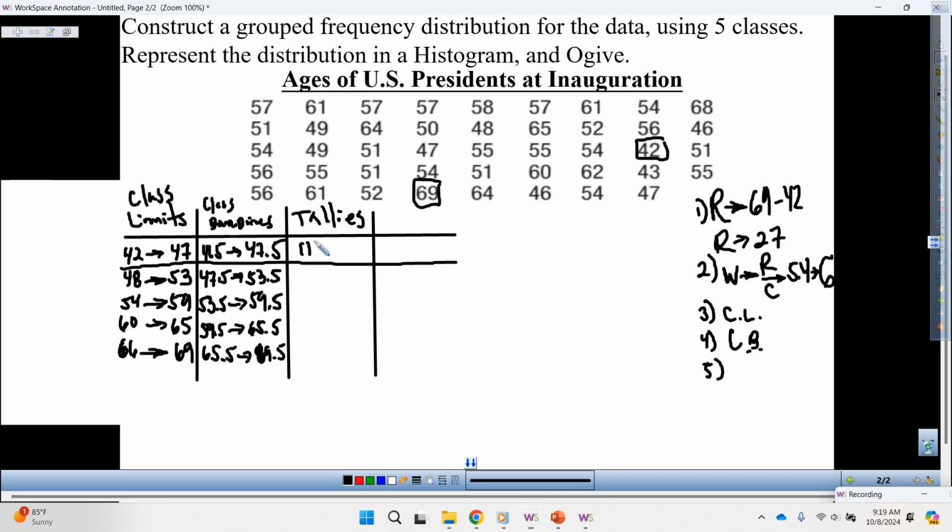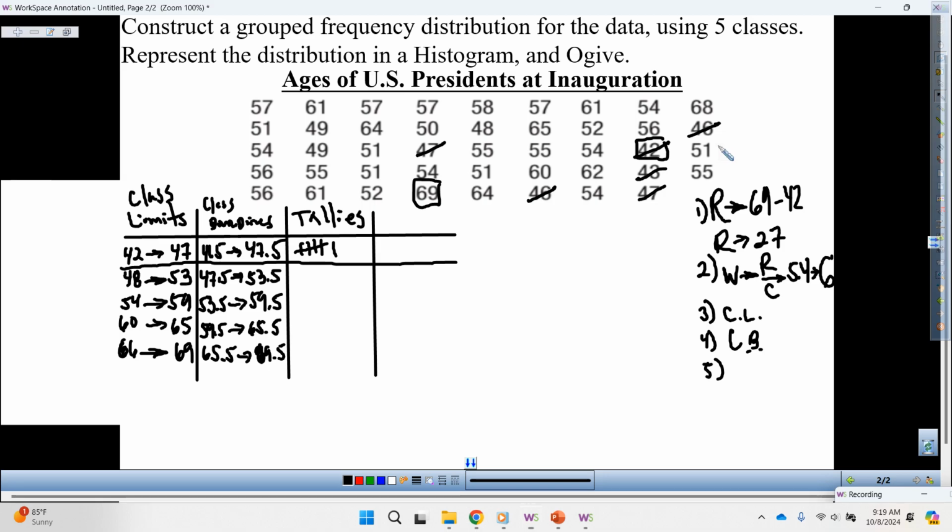Let's see. 1, 2, 3, 4, 5, 6. Let's double check. From 42 to 47. Let's see, 42, 47. One, two, three, four, five, six.